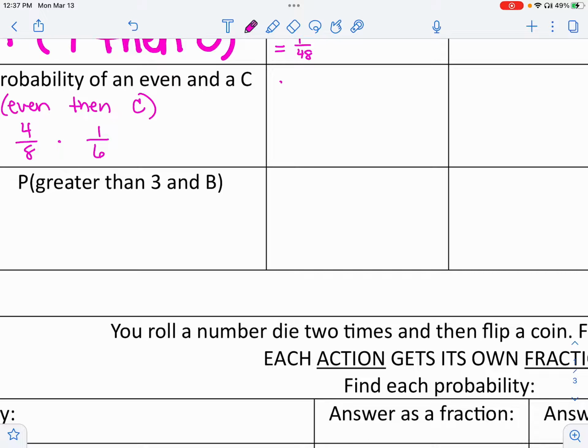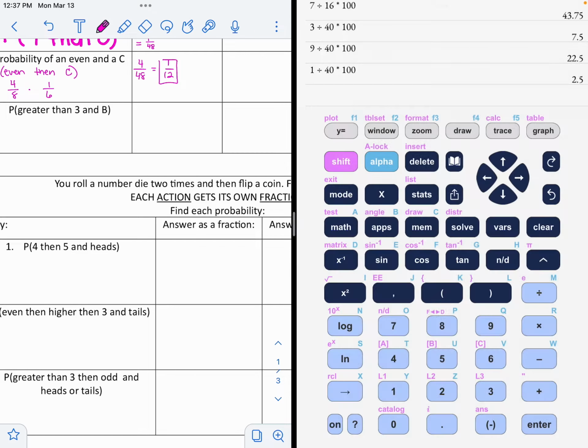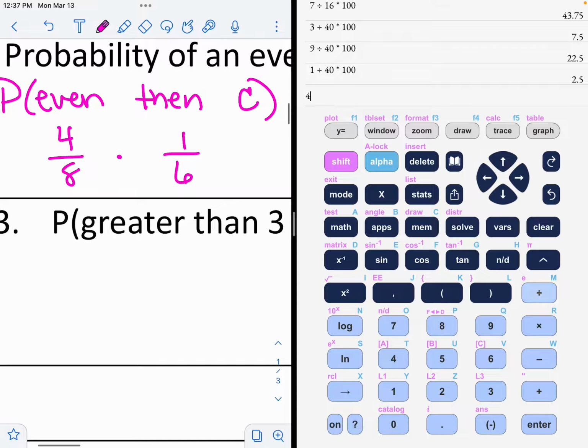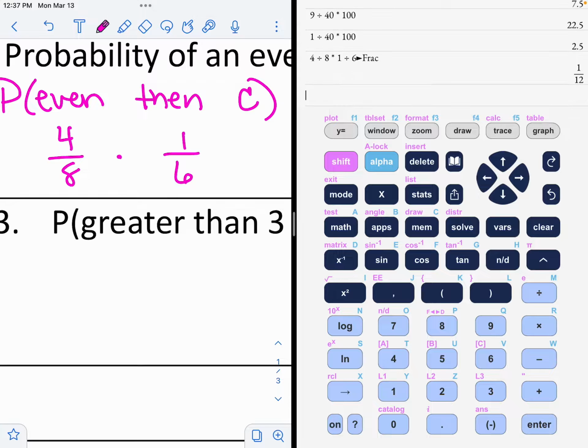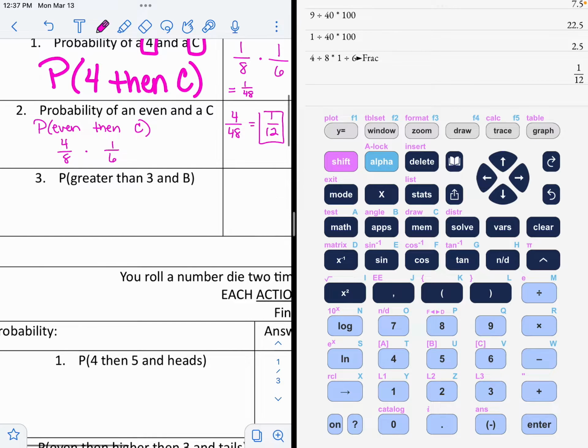You're going to get 4 over 48 if you did it in your head, and you'll divide by 4 and get 1 out of 12. Now, if you do math, enter, enter on your calculator, I guess it would be smart for me to show you. I'm going to do, what was my first fraction? There it is, 4 out of 8 times 1 out of 6, math, enter, enter, and there's where I'm getting that final answer of 1/12.